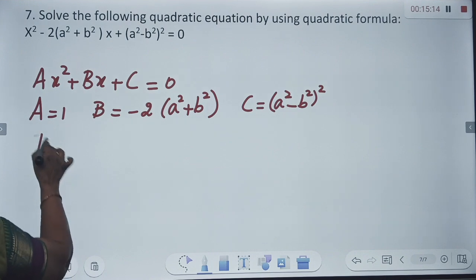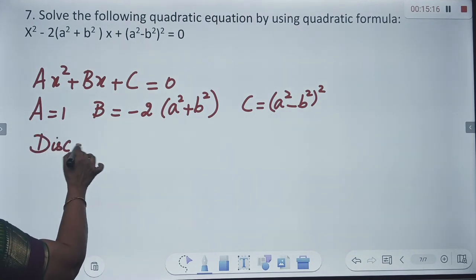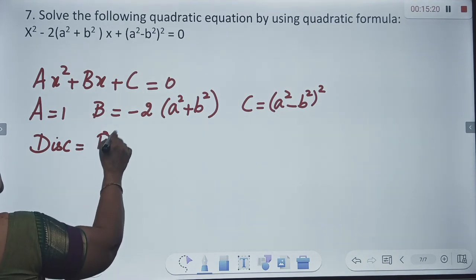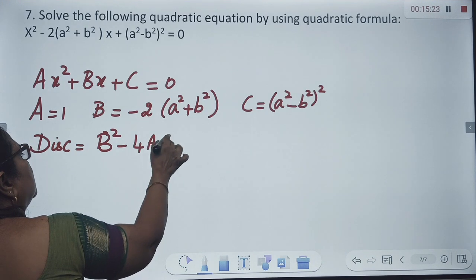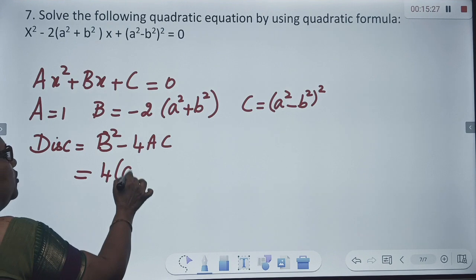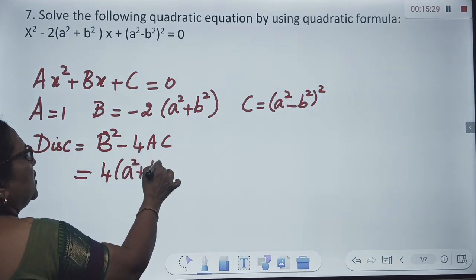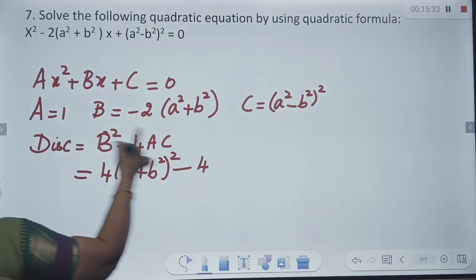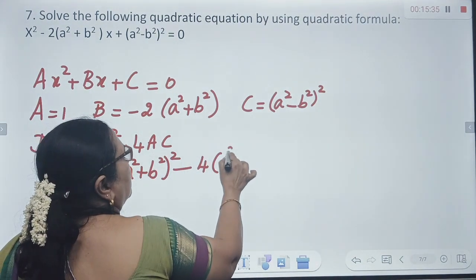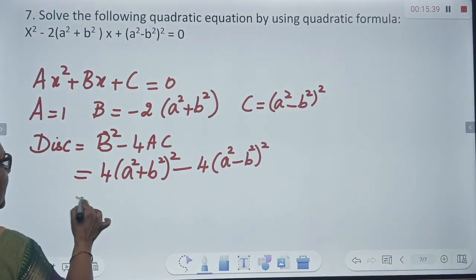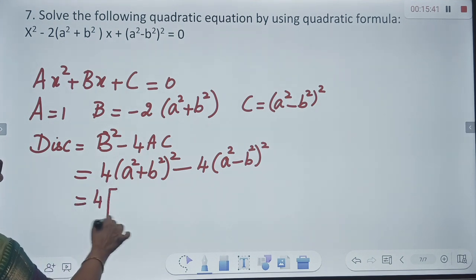So the discriminant will be B square minus 4AC. What is B square? 4 into a square plus b square the whole square minus 4. A is 1, C is a square minus b square the whole square. So I am going to take 4 as common.